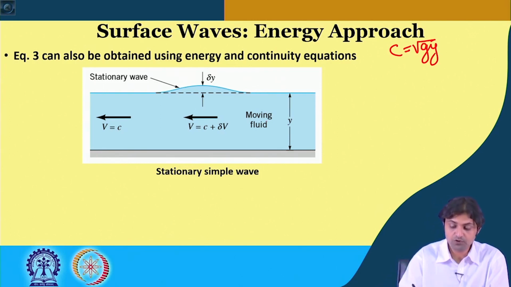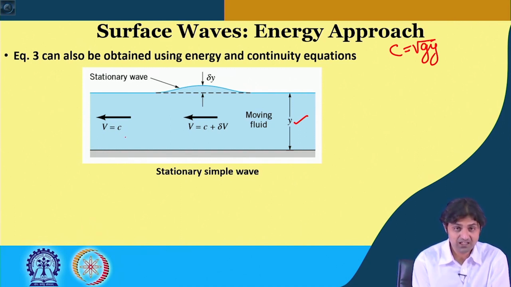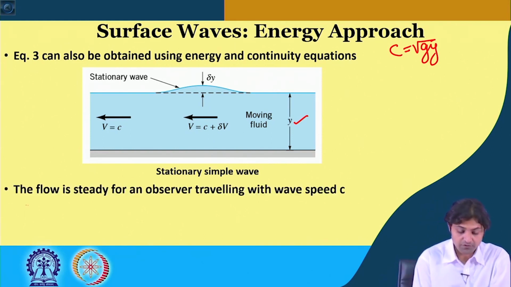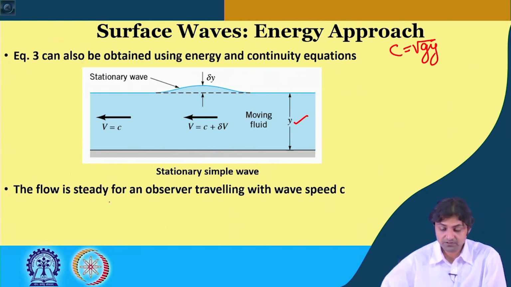You see the fluid depth is y and the velocity behind him is c, and that is moving in this direction because of the wave speed, and the speed below the wave is c plus delta v. All right. And the flow is steady for an observer travelling with the wave speed c.